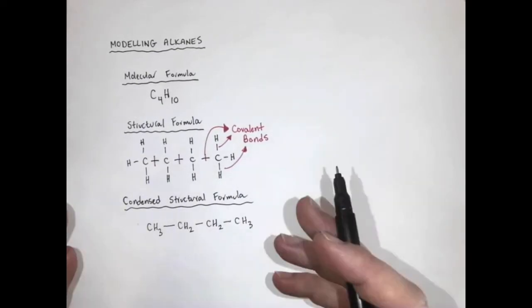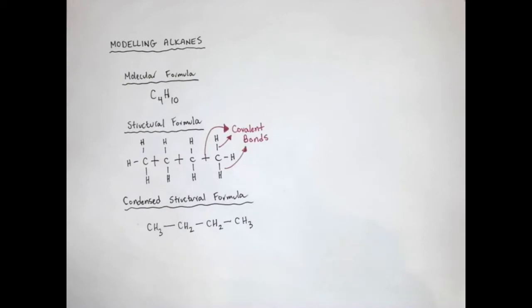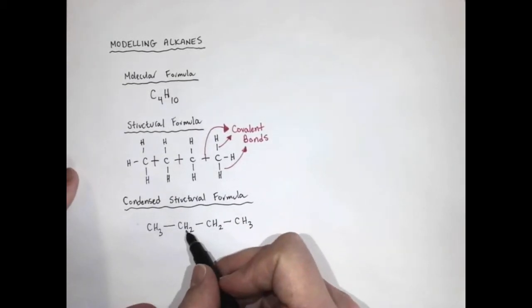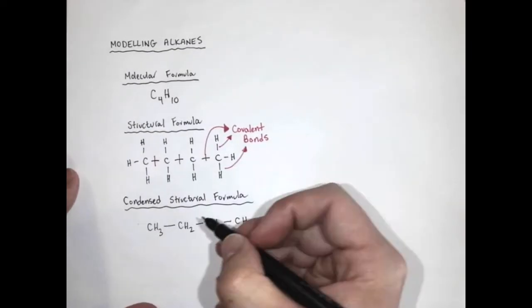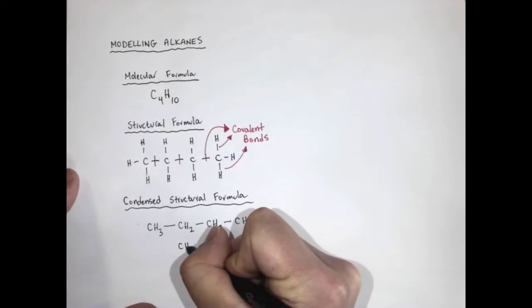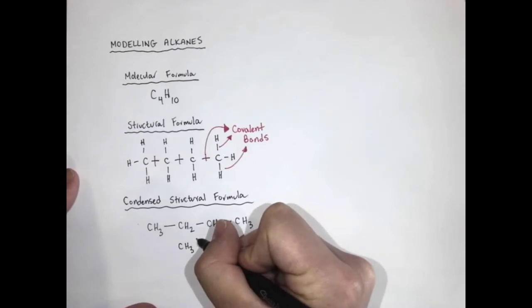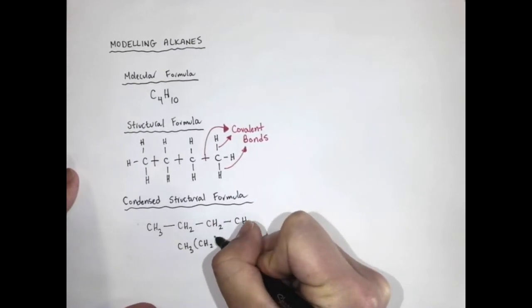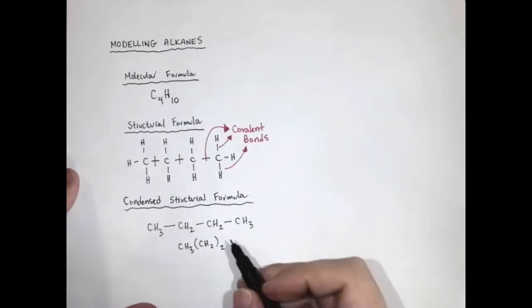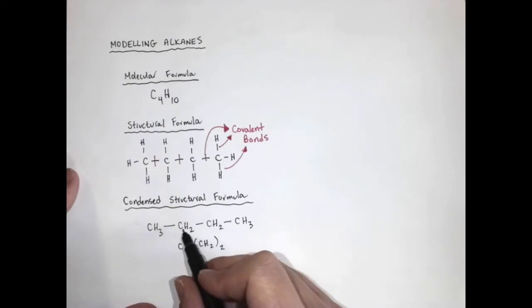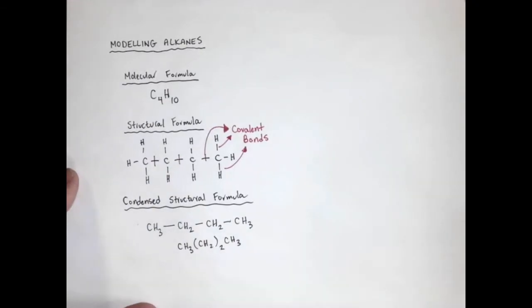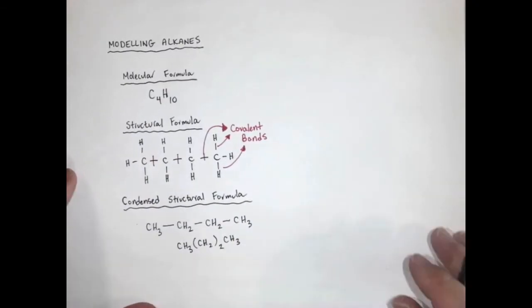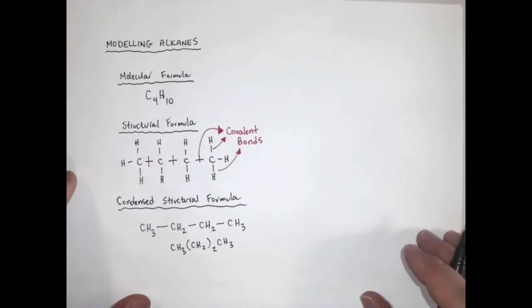I can even smush this down a little bit more, like an accordion. These CH2 groups are the same thing, so another way that you might see it written is CH3, brackets CH2, and then a 2 subscript telling us that there are 2 CH2 groups in the middle, and then CH3 at the end. So there's your condensed structural formula.